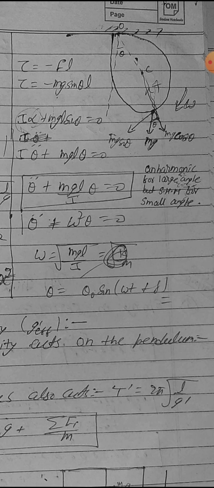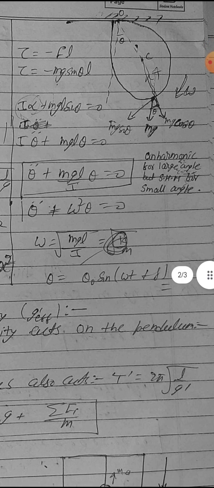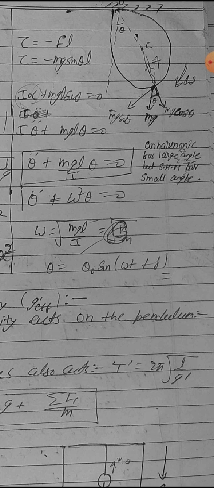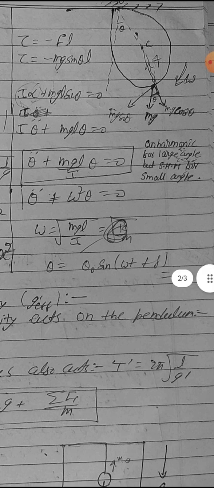When theta is small, then only we can replace sin theta by theta and it is harmonic. Otherwise this equation is not representing a harmonic equation, and this motion of compound pendulum won't be harmonic if theta is large.